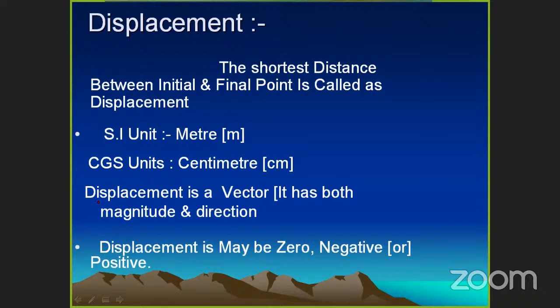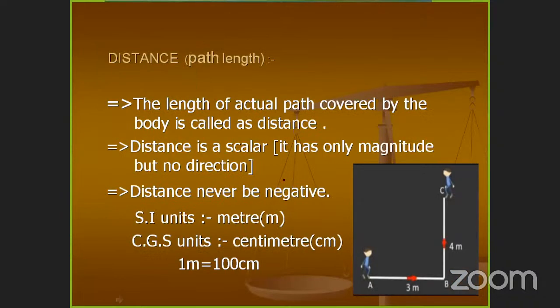And the displacement is a vector. It has direction. Vector quantities means the physical quantities which have both magnitude and direction are known as vectors. So the displacement contains the magnitude and direction.